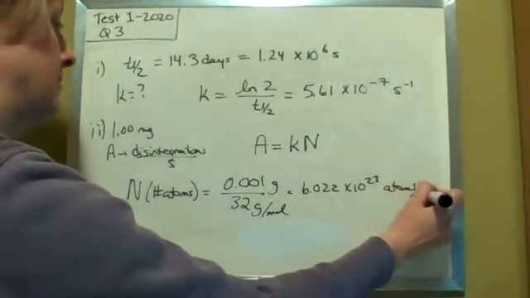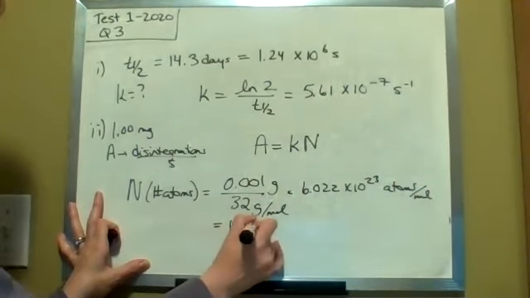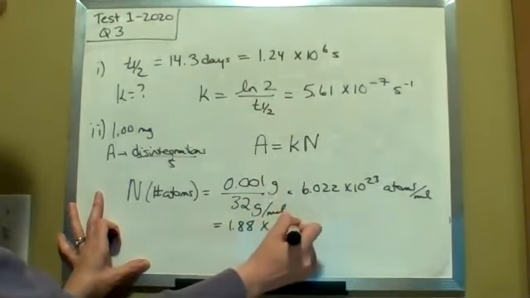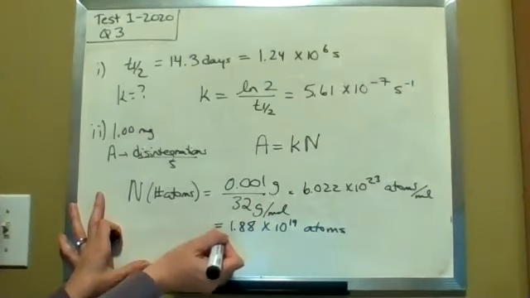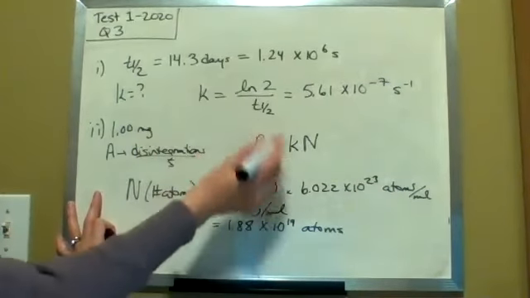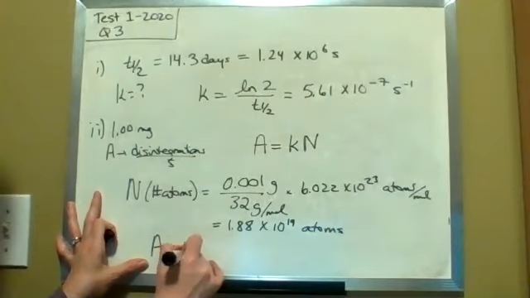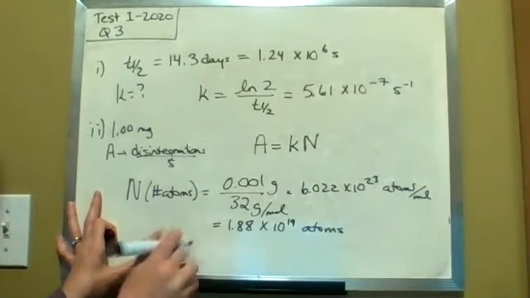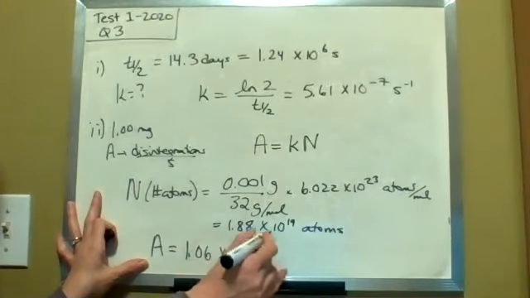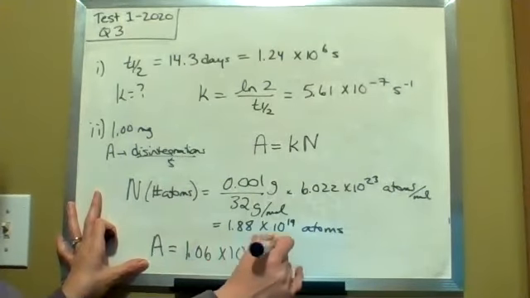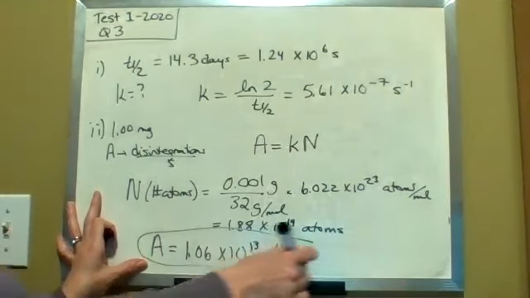That's atoms per mole. So you're going to end up with 1.88 times 10 to the 19 atoms. So when you sub that into our equation up there for activity, you're going to have an activity of 1.06 times 10 to the 13 atoms per second.